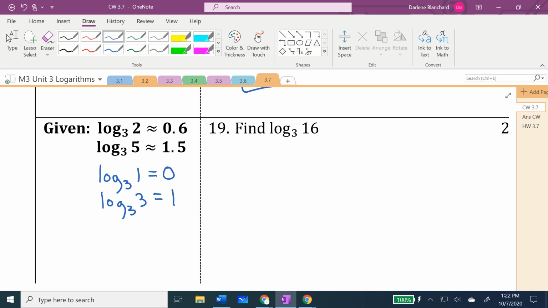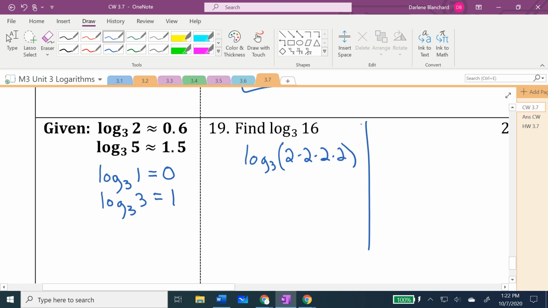16 is 2 multiplied a bunch of times. So first, we're going to write, you can either say it is 2 times 2 times 2 times 2 inside the logarithm, or you can say that it is 2 to the power of 4. And so if you're looking at it from the multiplication standpoint, that means that this will split up into addition.